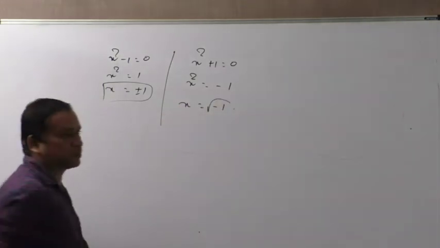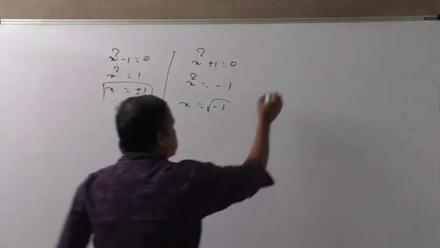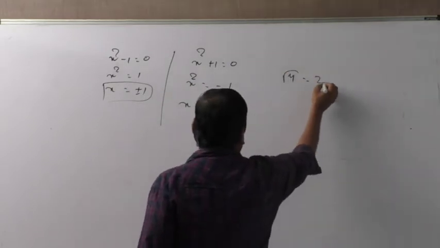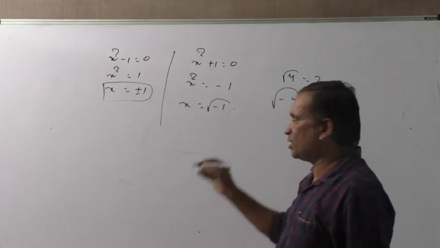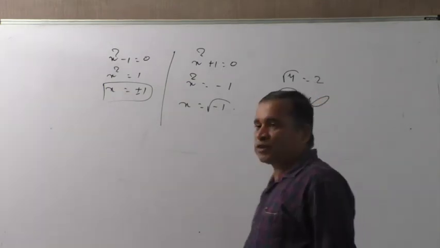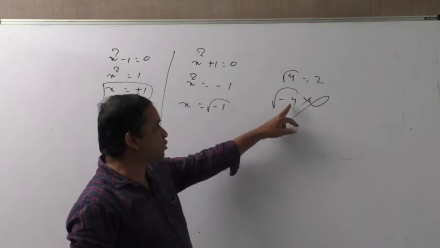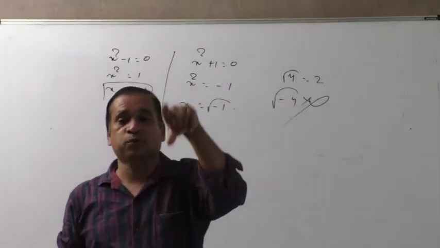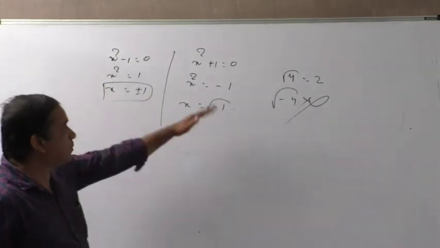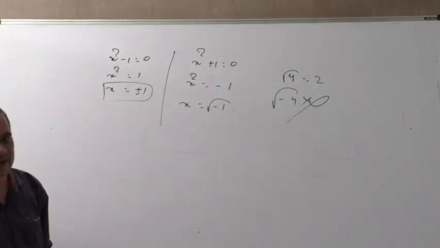You can find the square root of 4, which is 2, but you cannot find the square root of minus 4. It is beyond class 10. Since the square root of negative numbers does not belong to the real numbers, a new number arises, which is called the imaginary number.